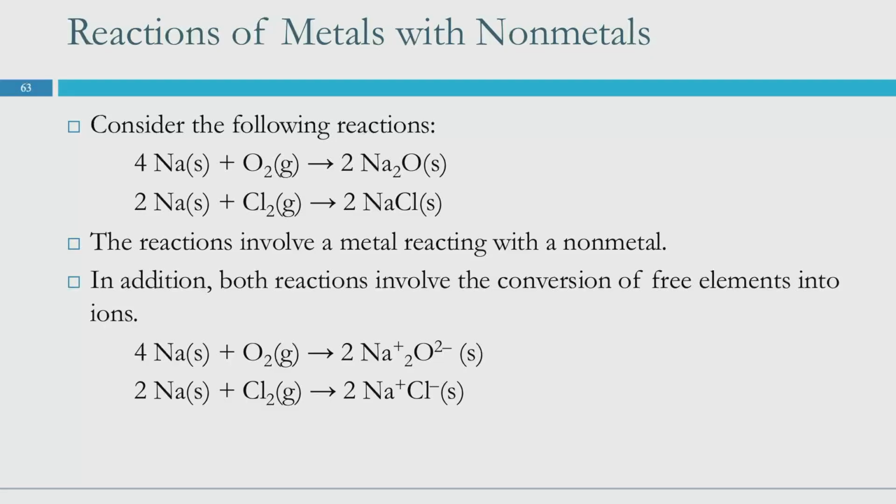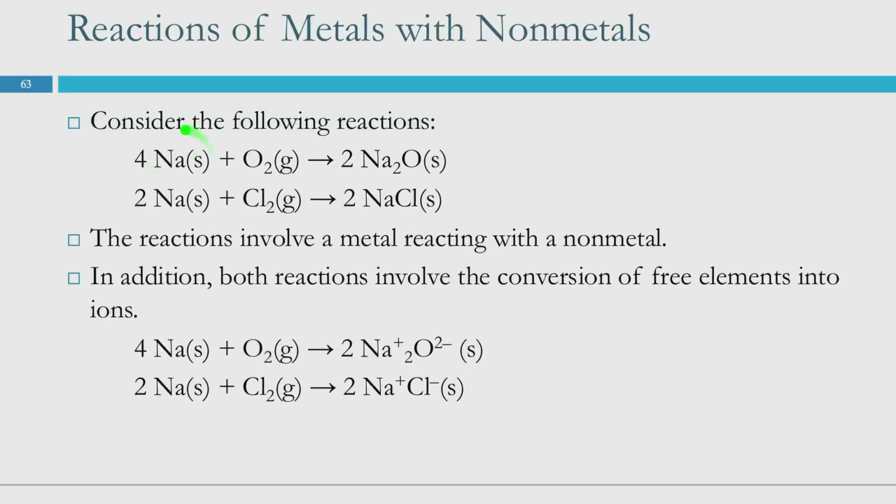This is basically just what I was saying on the previous slide. We've got sodium reacting with nonmetals, either oxygen or chlorine, to produce ionic compounds. And we can see that they're redox when we look at the charge that they have after the reaction occurs.